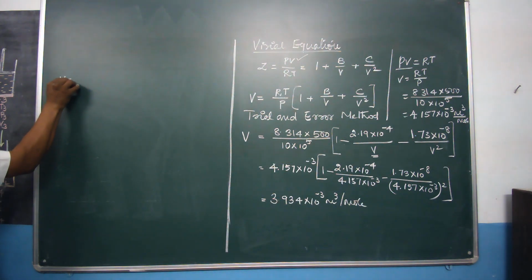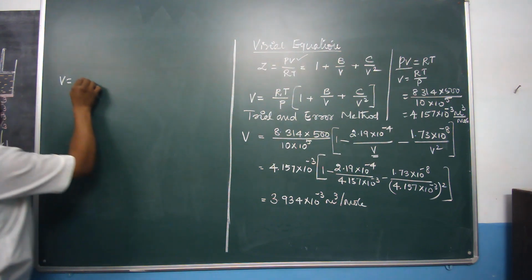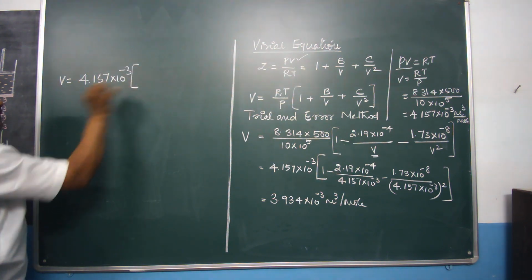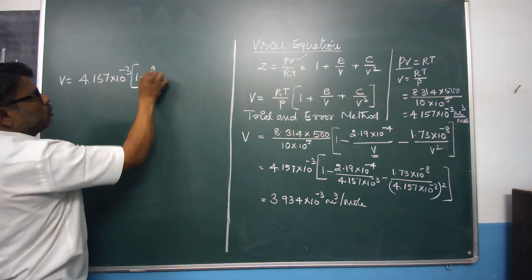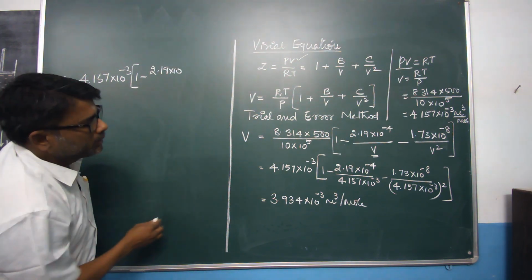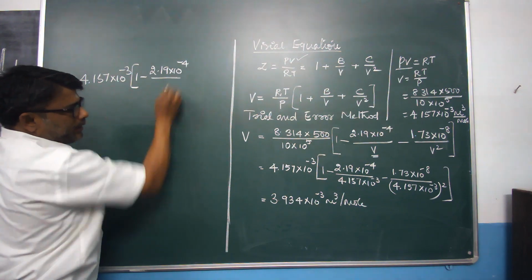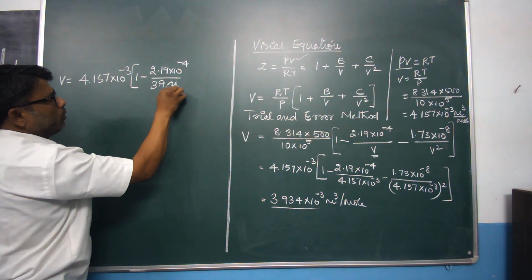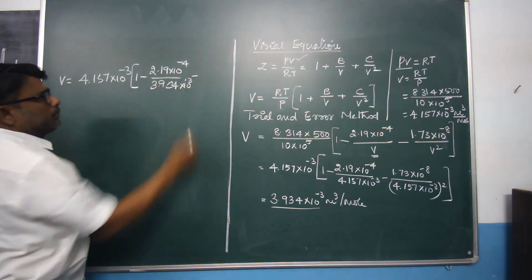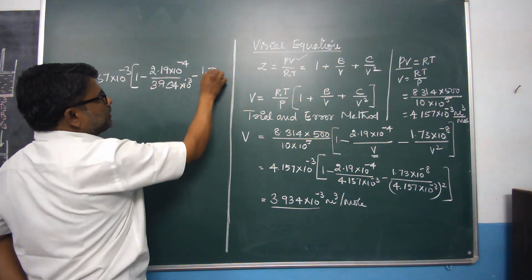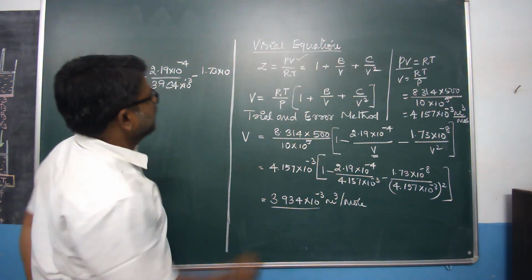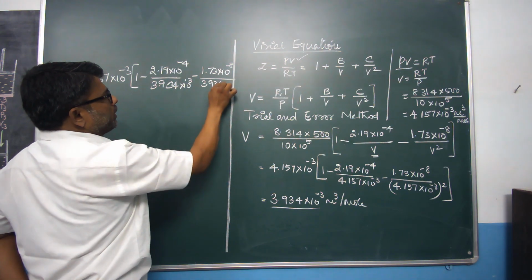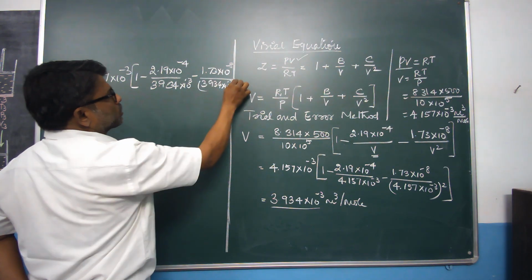So V is equal to 4.157 into 10 to the power of minus 3, into 1 minus 2.19 into 10 to the power of minus 4 divided by 3.934 into 10 to the power of minus 3, minus 1.73 into 10 to the power of minus 8 divided by 3.934 into 10 to the power of minus 3, the square.